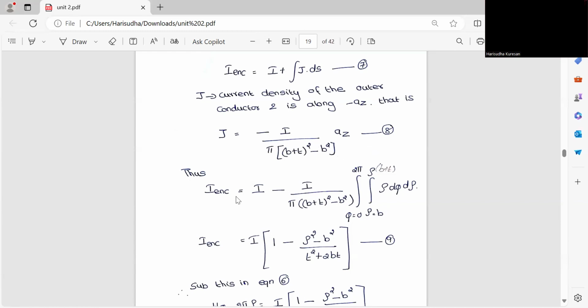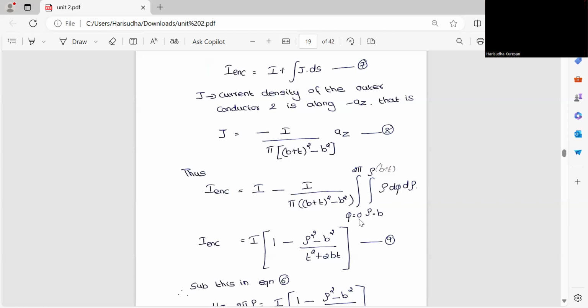So the enclosed current will be equal to I minus I divided by pi times (b plus t) the whole square minus b square, and the integral lies over phi and rho.